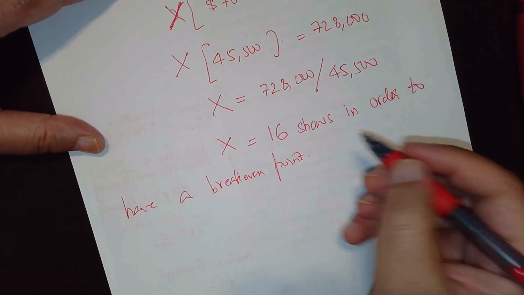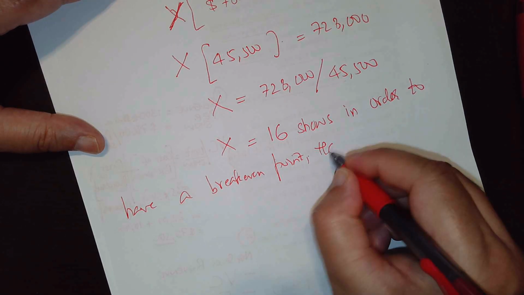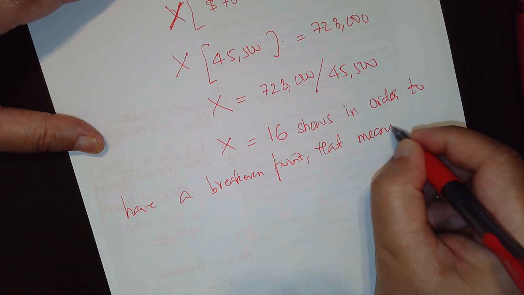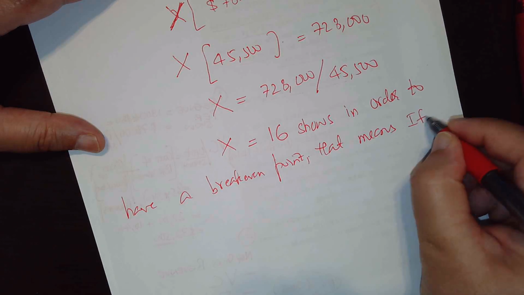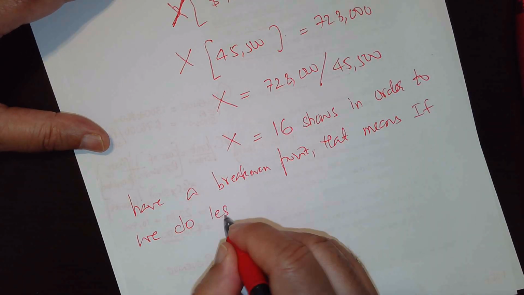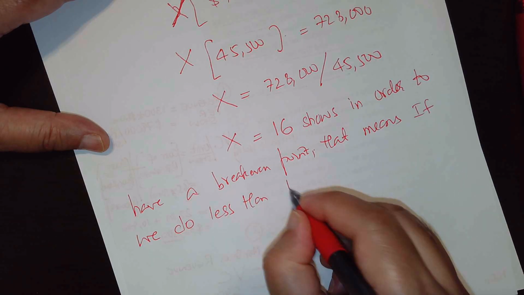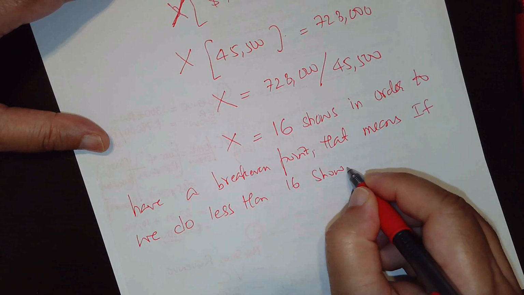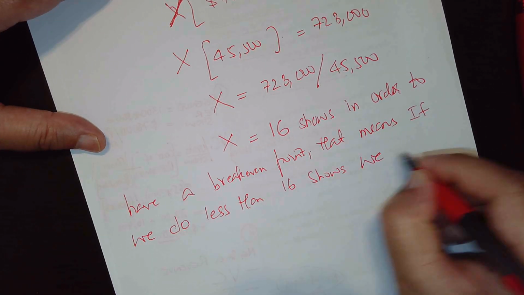which means if we do less than 16 shows, that is 15 or lower, we will have a loss.